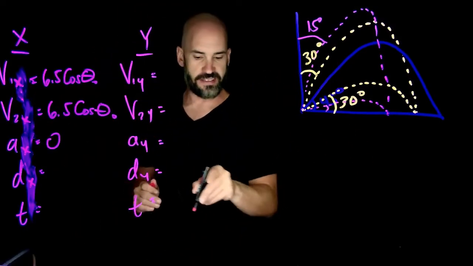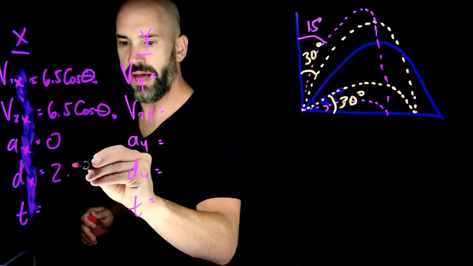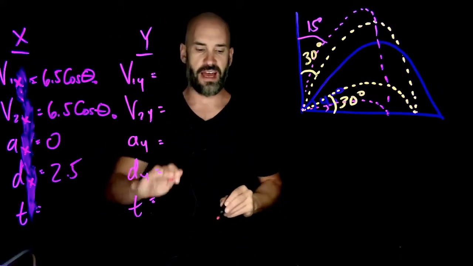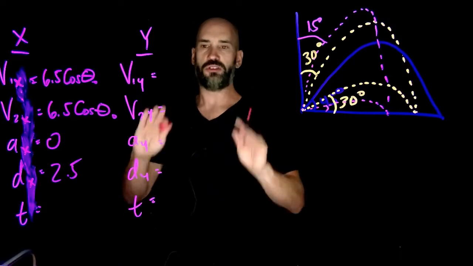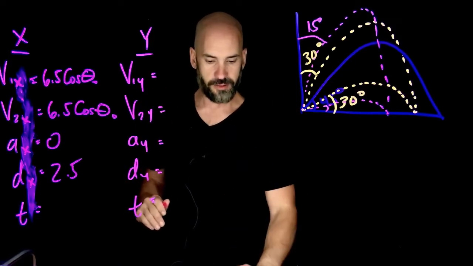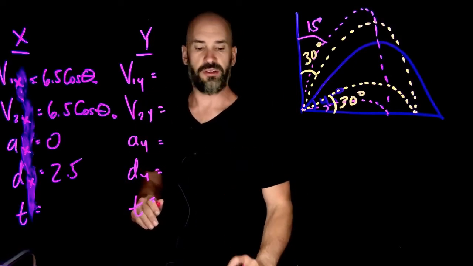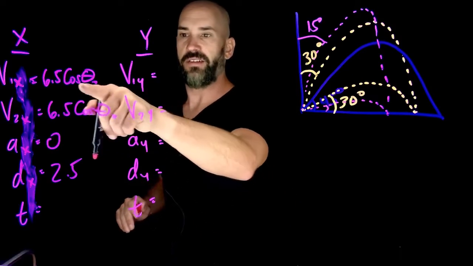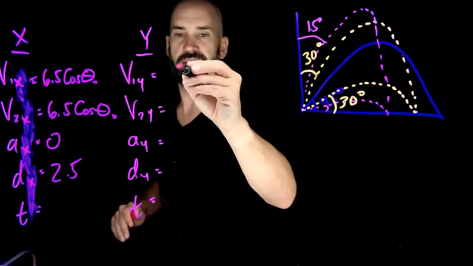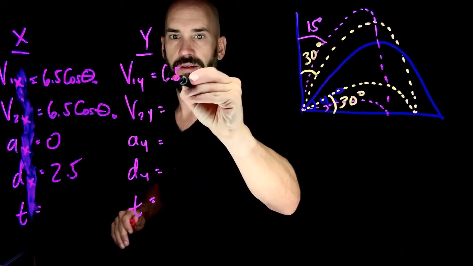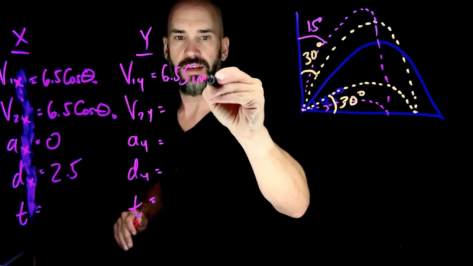And dx is the distance away that it lands, which they say is 2.5. Man, we got everything we need there. We don't have the time, but as you guys know, it's usually the first thing that we calculate. Okay, what's going on in the y dimension? Well, instead of the cosine of the angle, y gets the sine. So we have 6.5 sine of theta naught.